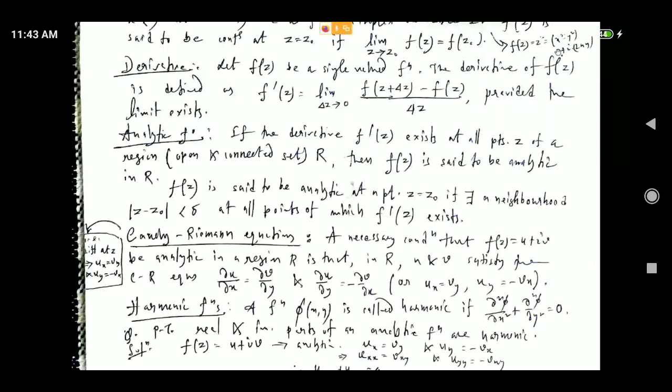Read again carefully. Later on we will come to the harmonic part.